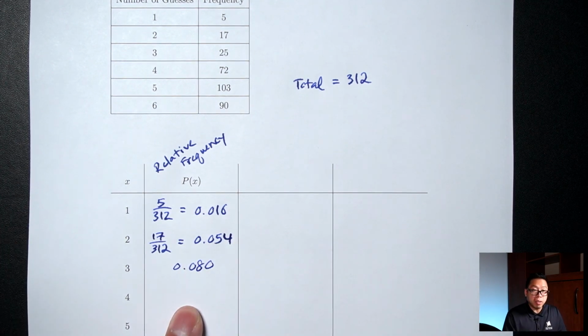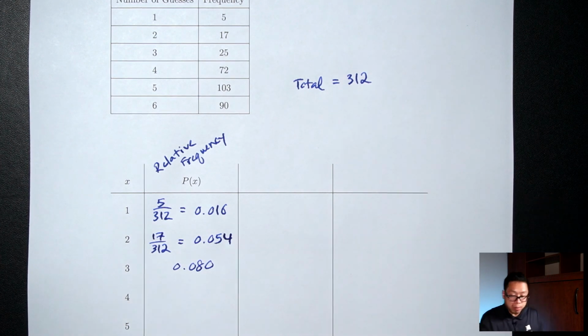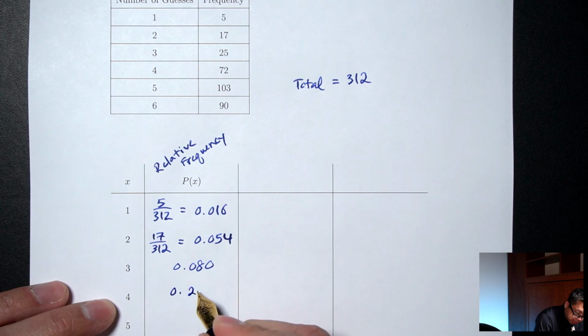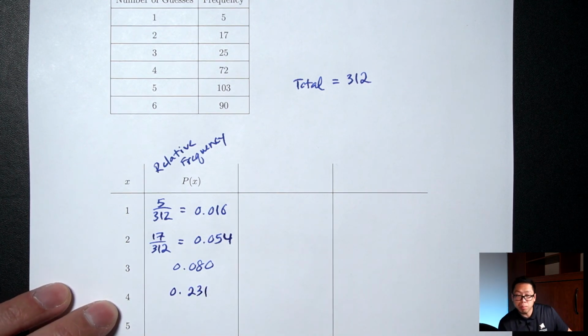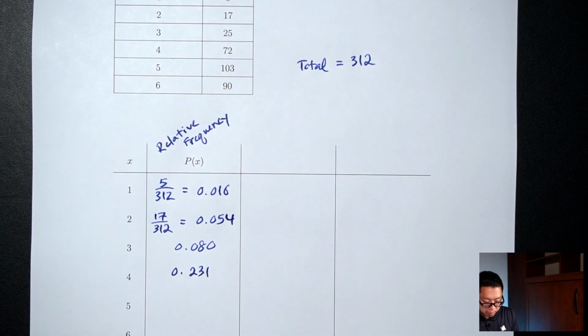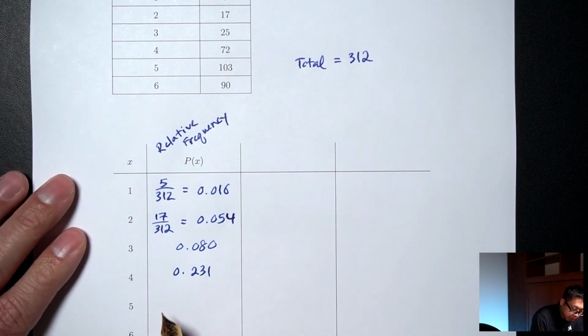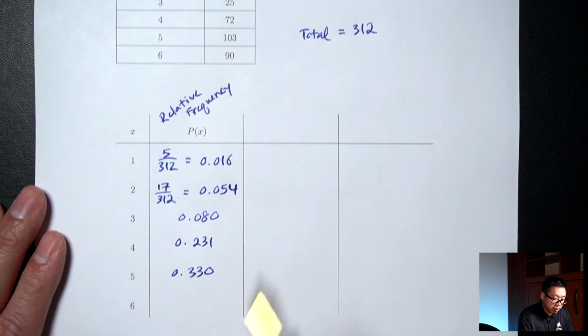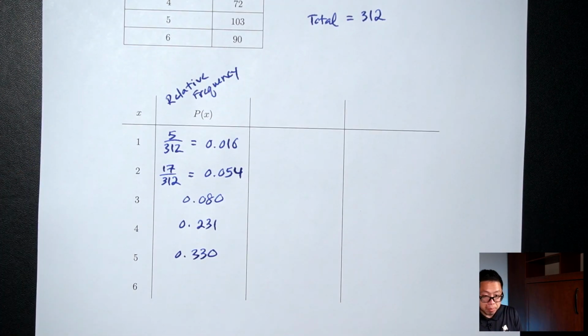Next up would be 72 divided by 312, 0.231. That's rounded to 3 decimal places. Next up will be 103 divided by 312, 0.330. And then finally, it's going to be 90 divided by 312, 0.288.